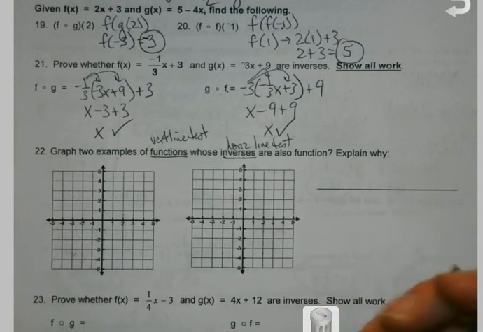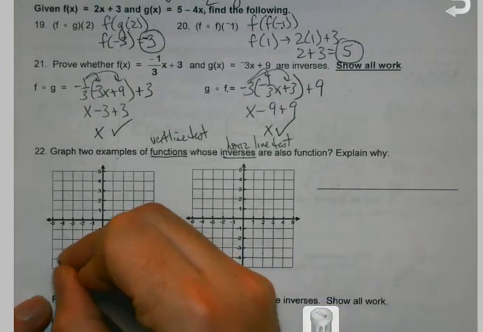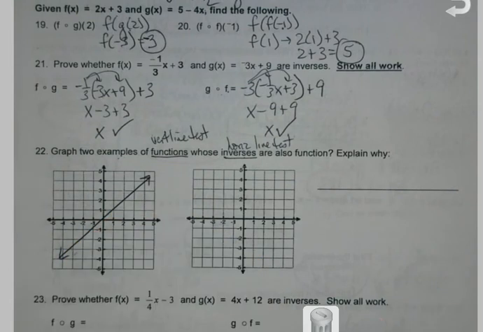So you could come up with several different things that are going on here. Could do something as simple as a line. But you have to watch for other things that you do, because for instance, maybe you go with a parabola, but maybe it passes one test and it doesn't pass the other one.